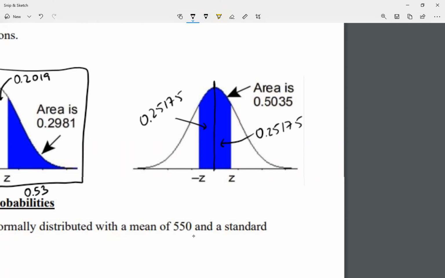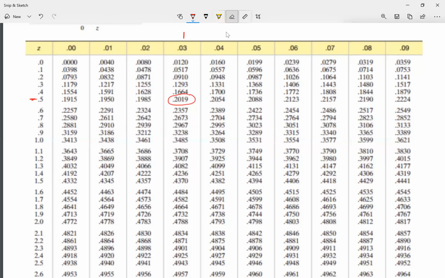Now, let me go to my table here. Matter of fact, let me remind you, I'm writing the number 0.25175. You guys might be like, oh, you have a problem. All of our numbers are 4 decimals, not 5 decimals. Okay, so which one is closest to it?